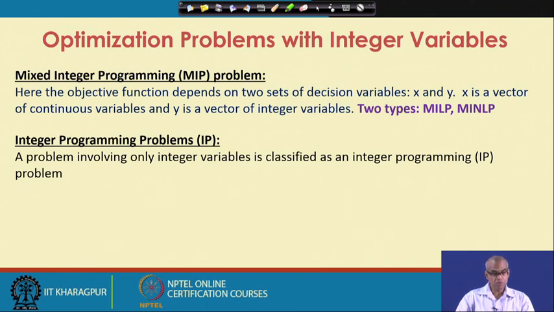Integer programming problems are those problems which involve only integer variables. So, they are not mixed integer programming problem, they are integer programming problem. So, here all variables contain integer values.